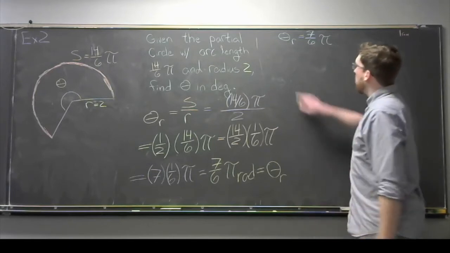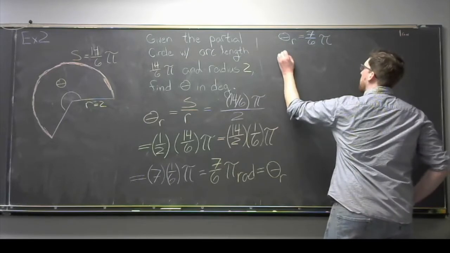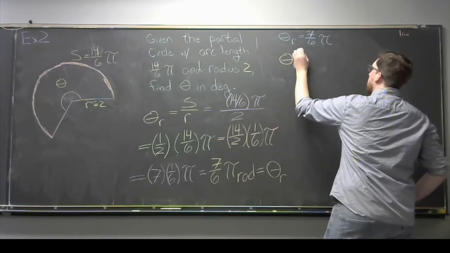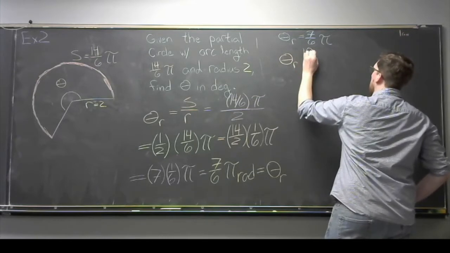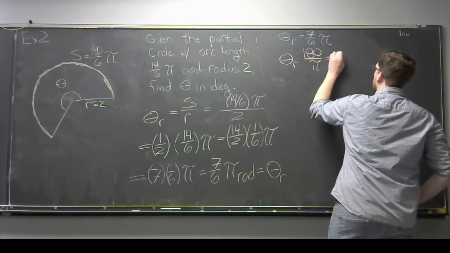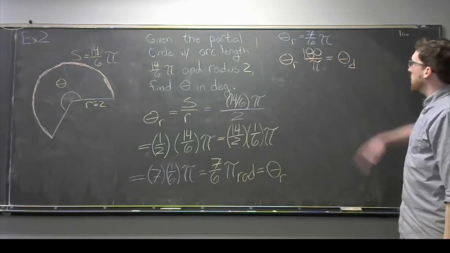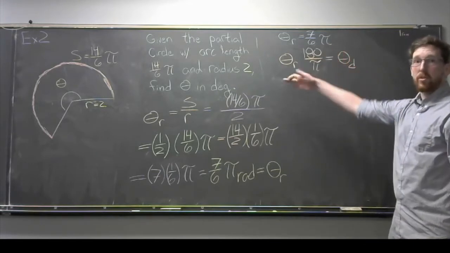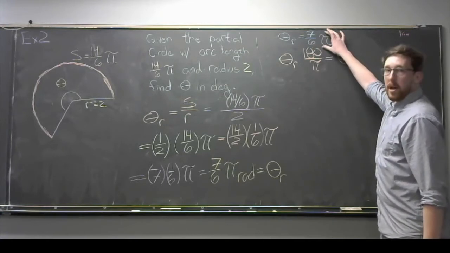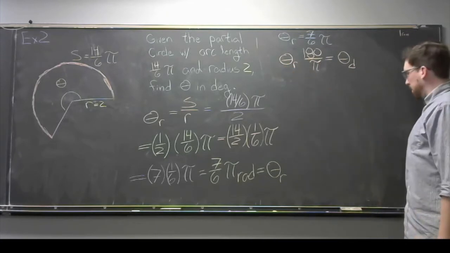And the formula to convert radians into degrees is our angle in radians times 180 divided by pi, which is equal to our angle in degrees. So now we can just plug in 7/6 times pi into this formula. Cool, let's do that.